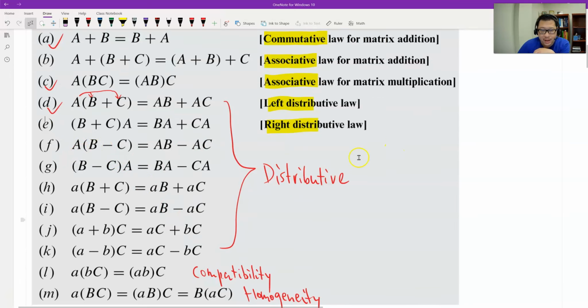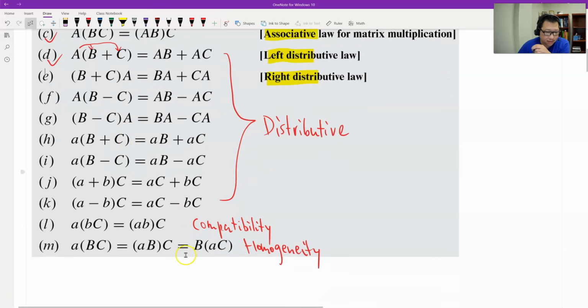I prove F here. Okay, so you can see F is similar to D, but we change the plus to minus. The subtraction is defined by B plus the negative of C. So therefore, we can use D, the distributive law. And then the negative means -1 times the matrix, so I can use the homogeneity.